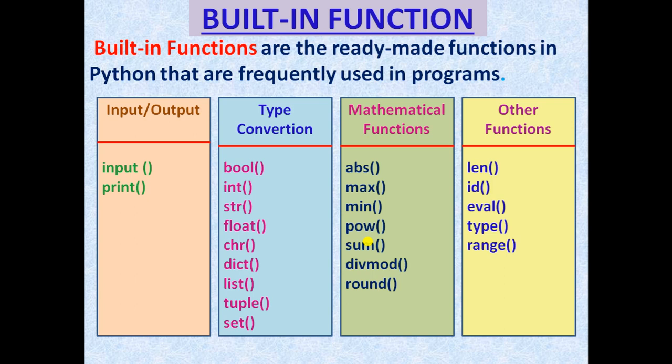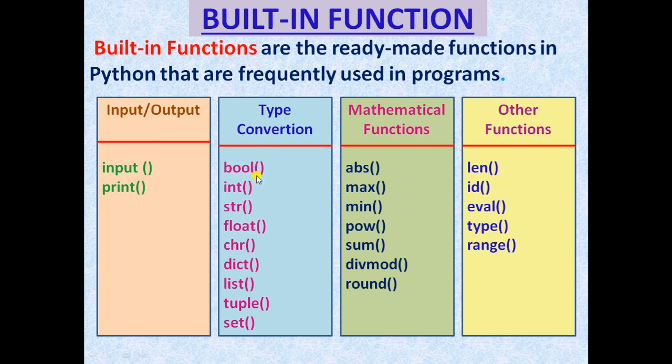The first category is built-in functions. Built-in functions are ready-made functions in Python that are frequently used in a program. There are several types of built-in functions which can be used in a Python program. We have already used input-output functions like input or print. We have also used several type conversions like int, str.